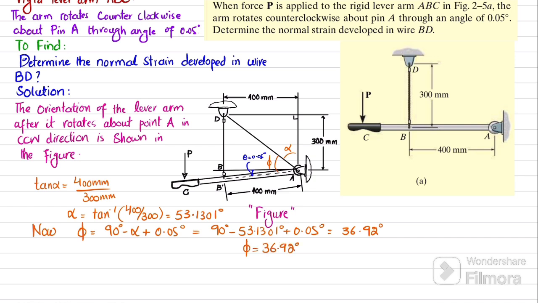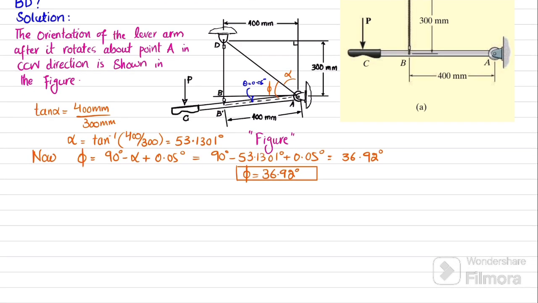Now you have this phi angle, which is 36.92 degree. So what we will do is that we will use Pythagoras theorem. Let this be point A, this is D. Clear? So we will find this length of AD. Again, I will show you this is AD. This is the perpendicular, and this is the base for this alpha angle. So by using Pythagoras theorem, we will find this length AD.